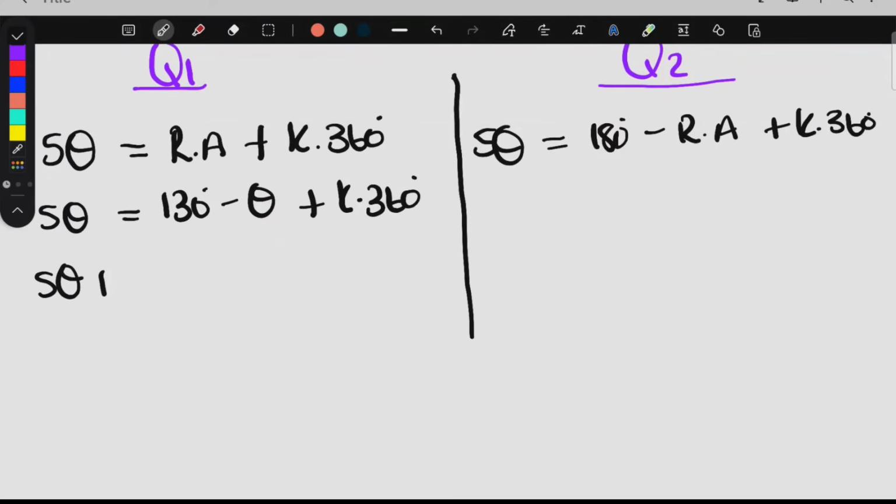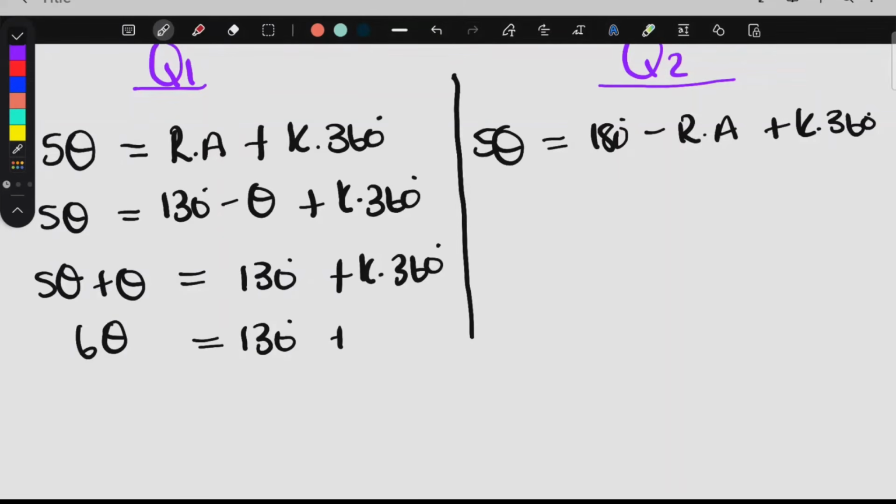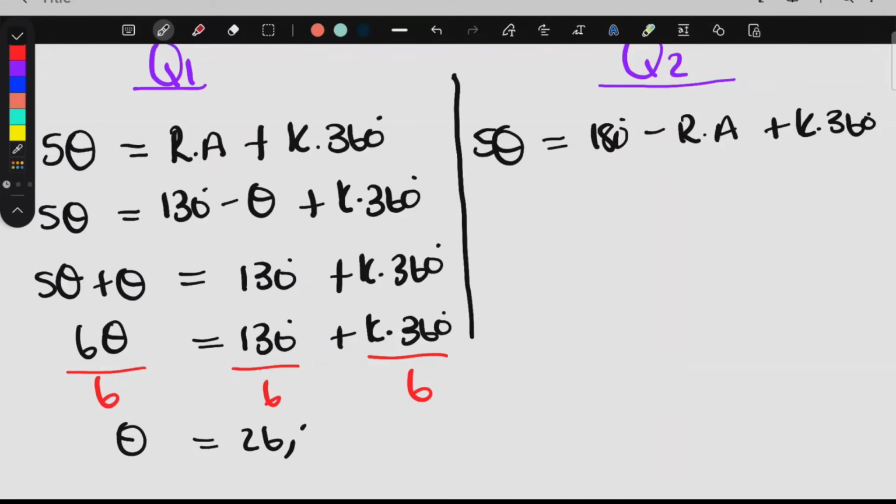So 5 theta plus theta is equal to 130 plus k 360. 6 theta is equal to 130 plus k 360. And I'm not solving 6 theta. I'm solving theta. Divide by 6. Even the period. Everything you divide by 6. So I get theta to be 26,67 plus k 60. Okay, and that's the answer for this one.